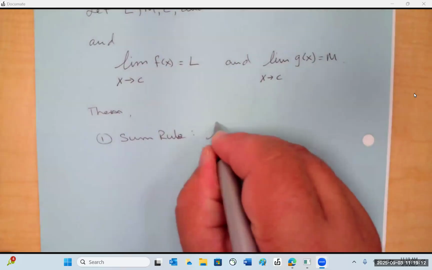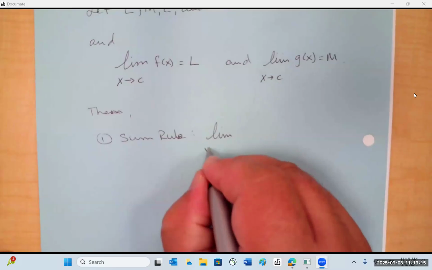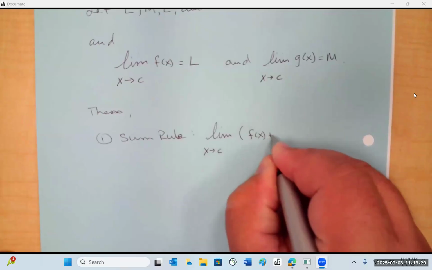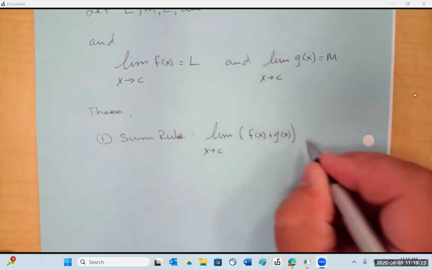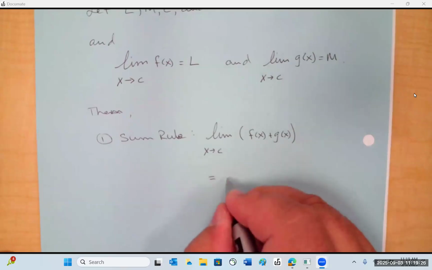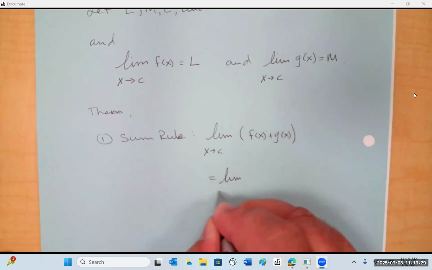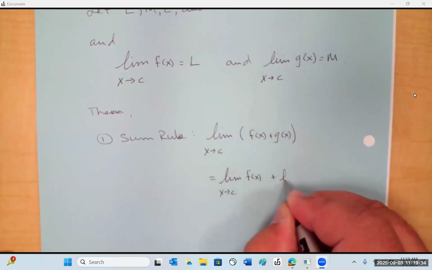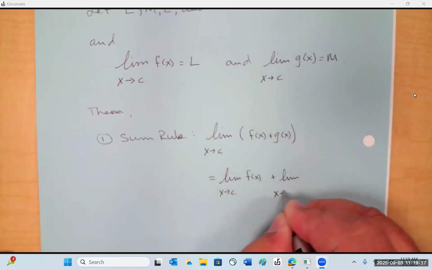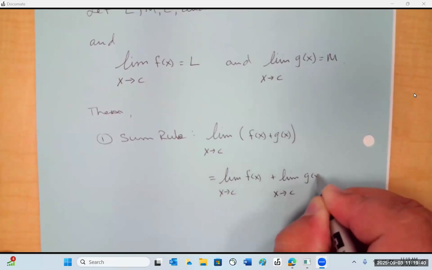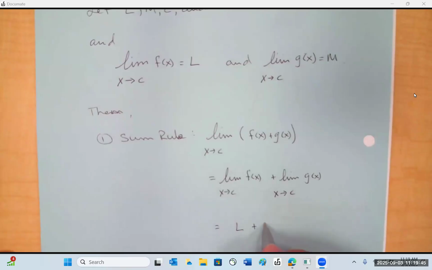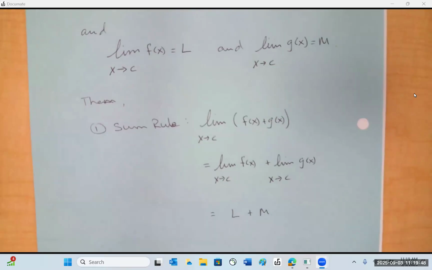The sum rule says this: the limit as x approaches c of the sum of our functions, f of x plus g of x, is equal to the limit as x approaches c of f of x plus the limit as x approaches c of g of x, which, as defined above, equals L plus M. So what does that first one tell us?